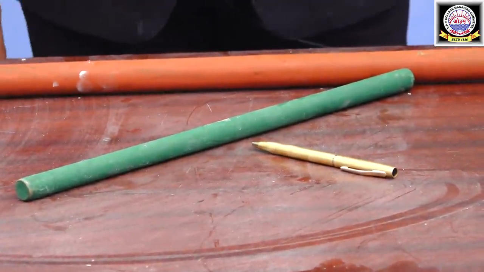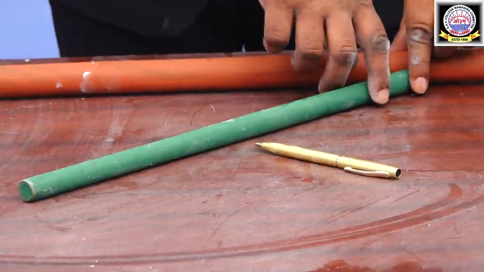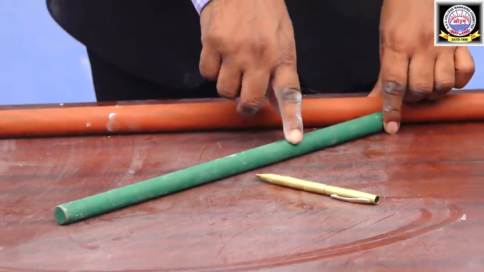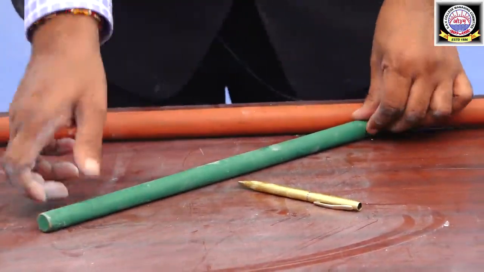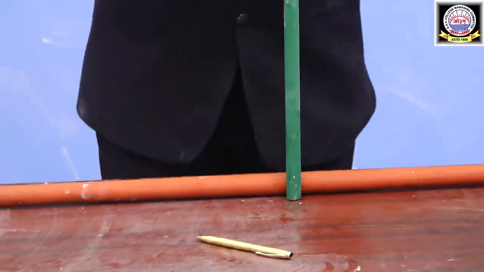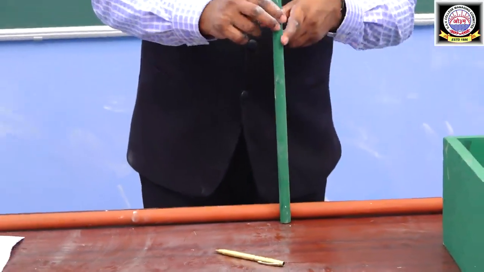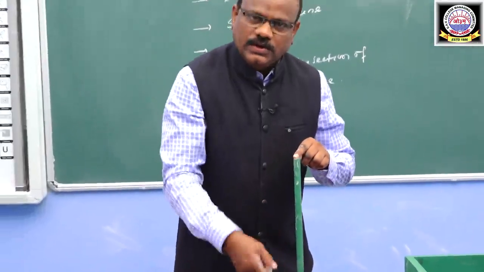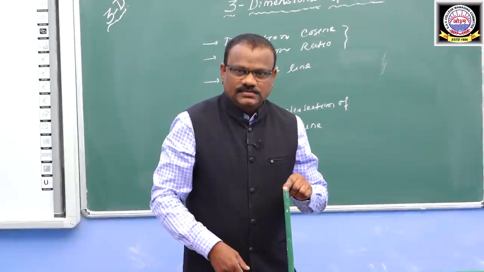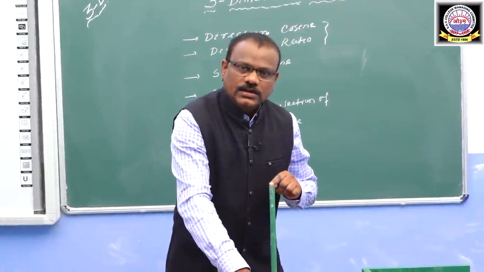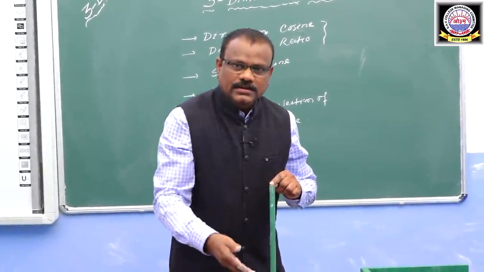Suppose we do the cross product of these two, the red and the green vector. So the direction will be like this. This represents A cross B. So A cross B is what to the plane? Perpendicular. So A cross B is perpendicular to the third vector.